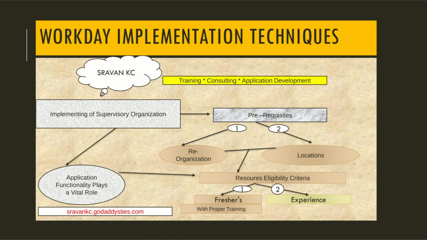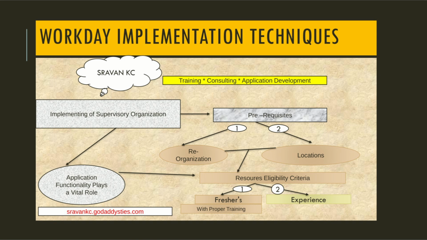One is freshers, one is experienced. Who can handle it? For example, a business scenario like this. To implement a supervisory organization, we defined the prerequisites: reorganization and location.